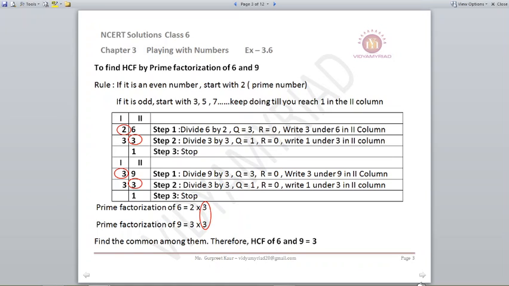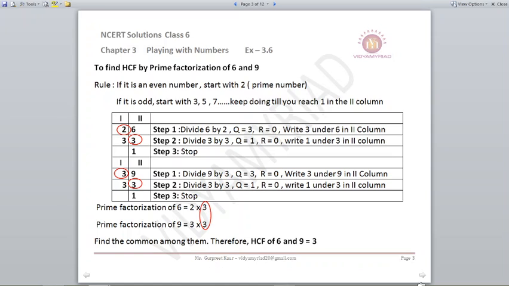If a number is even, we will keep dividing that number by 2 till we reach 1 at the end. Same way, if the number is odd, then we will try with the other prime numbers like 3, 5, 7, 11, 13 and keep going like that.